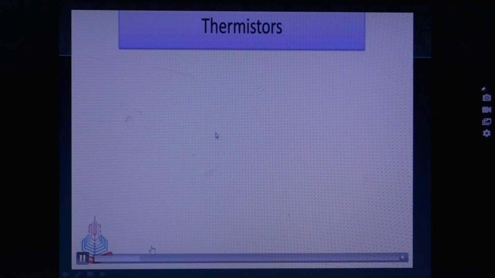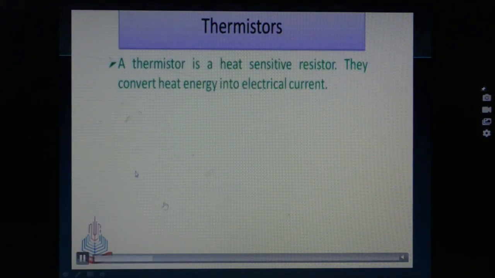We come to thermistors again. A thermistor is a heat sensitive device. This is the conclusion of our discussion. They convert heat energy into electrical energy, that is into electrical current, by controlling the resistance.